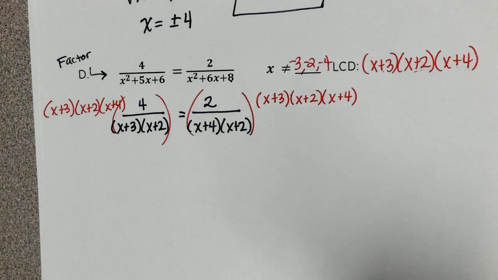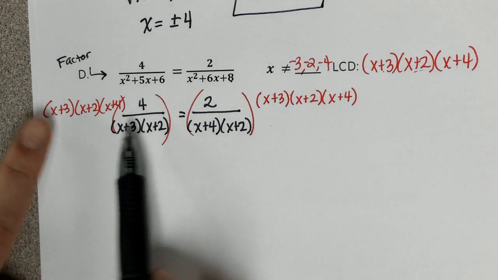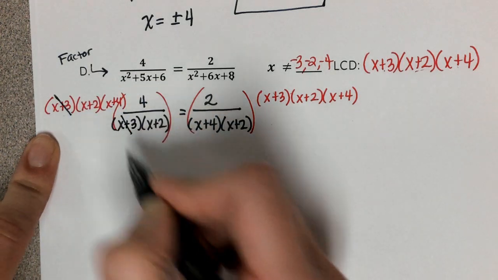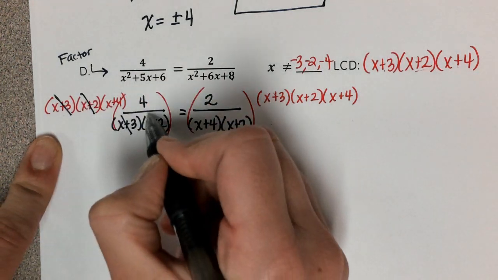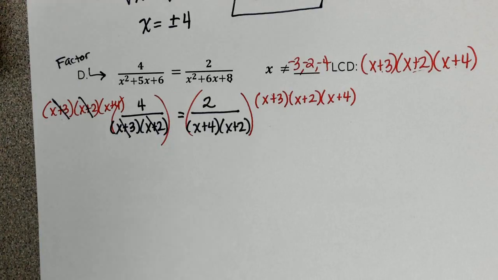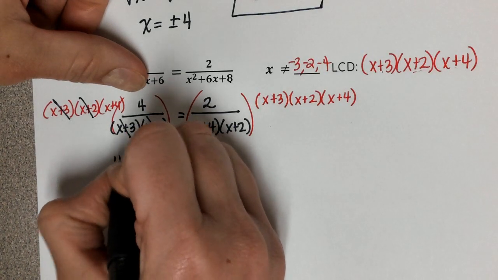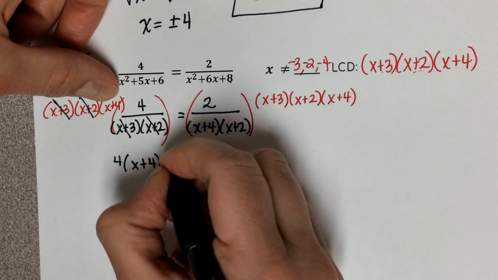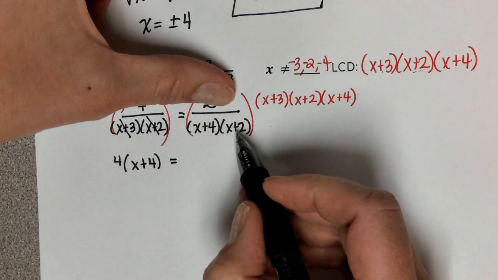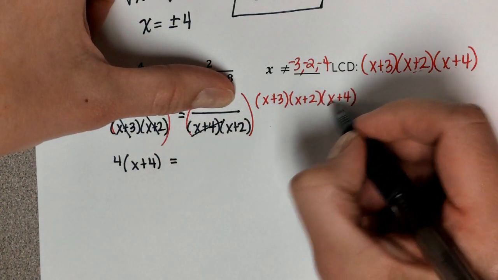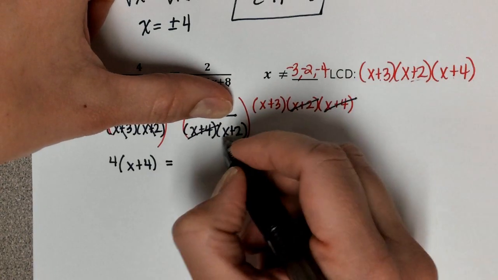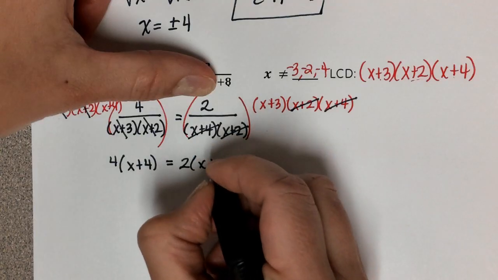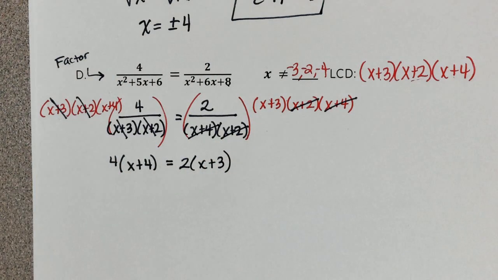So we have just one fraction on each side. So x plus 3 is going to cancel. x plus 2 is going to cancel, leaving us with 4 times x plus 4 equals, and then over here, the x plus 4's cancel, the x plus 2's cancel, leaving us with 2 times x plus 3.